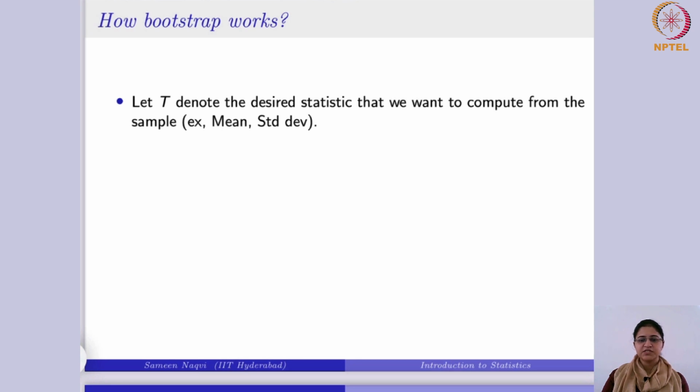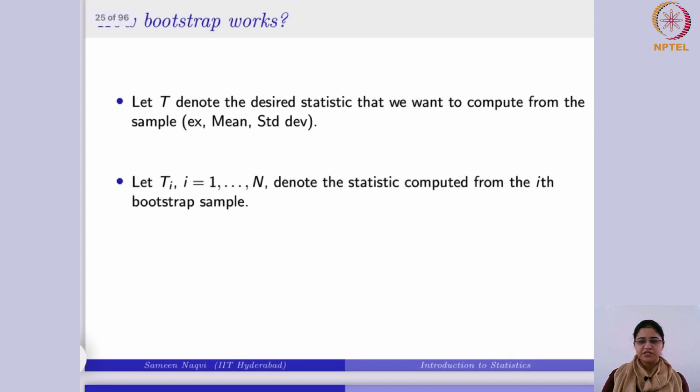If T is basically the desired statistic that you want to compute, say the sample mean, then Ti will denote the statistic computed from the ith bootstrap sample. So this is from the original one, T, and then for each of them you will have T1 to T100, suppose.